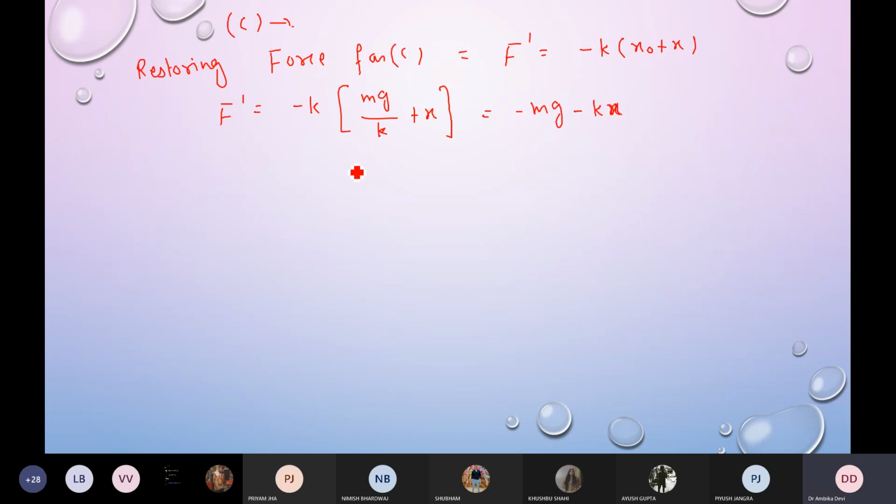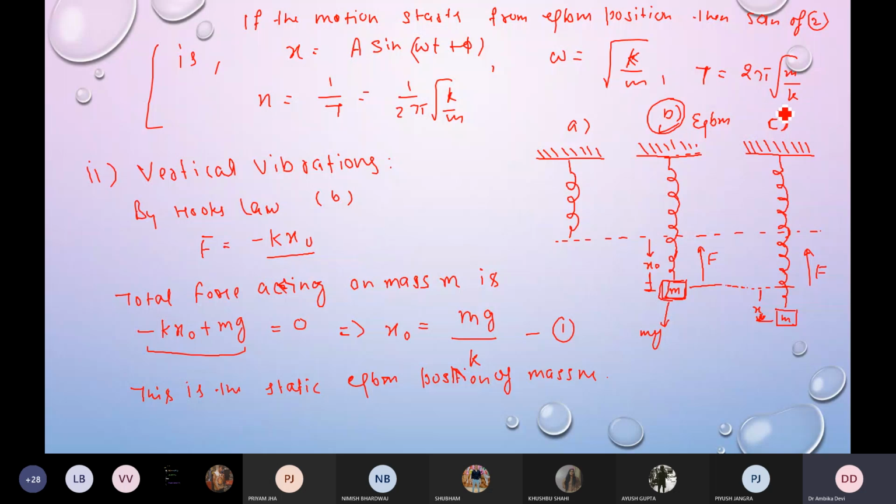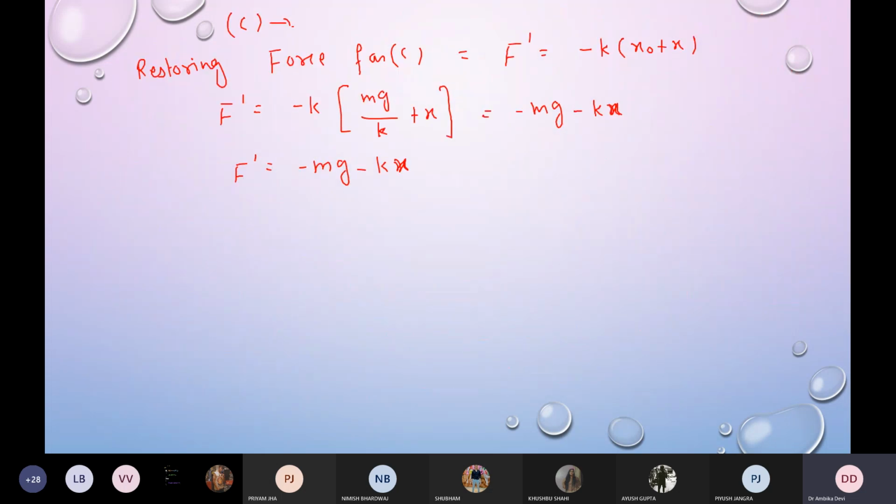So F dash is equal to minus mg minus kx. This is the restoring force when the system is being stretched. The other force acting on the mass m is the weight mg. In situation C, the weight mg is also acting over here, so we need to add this force also.